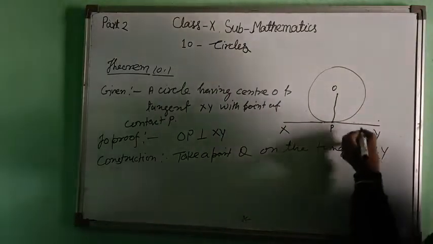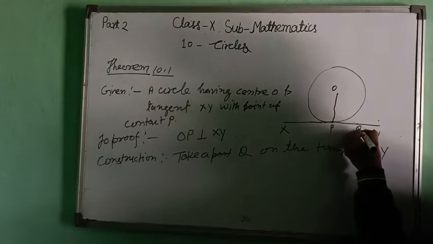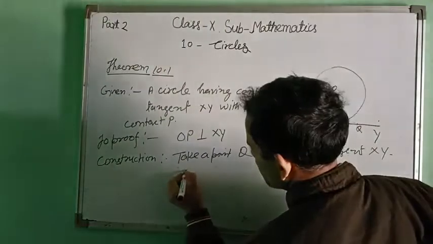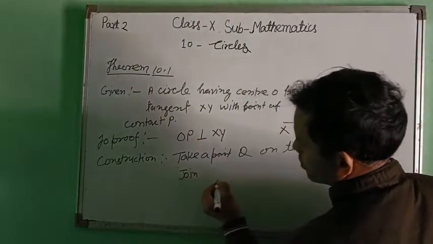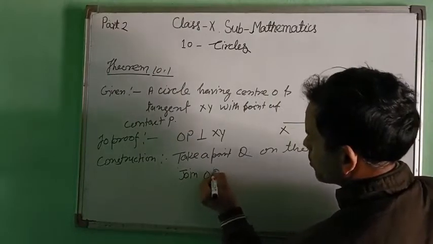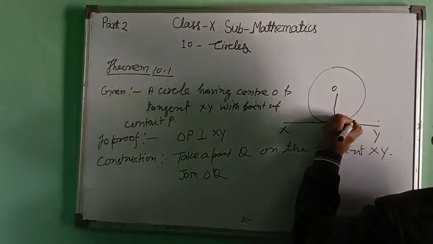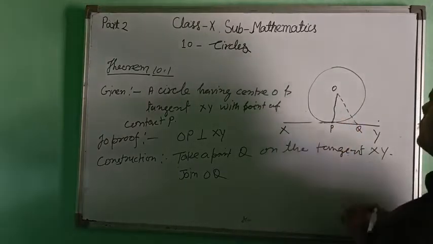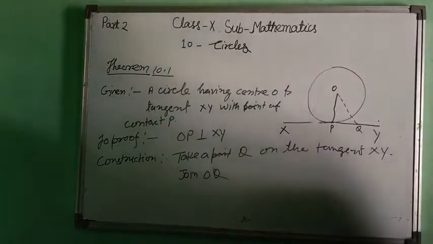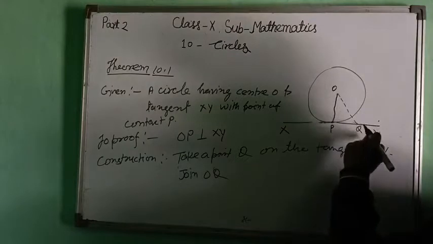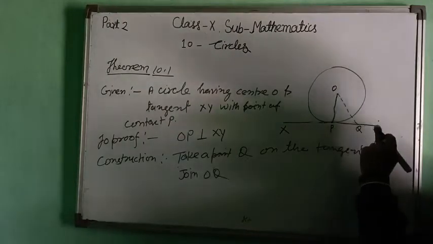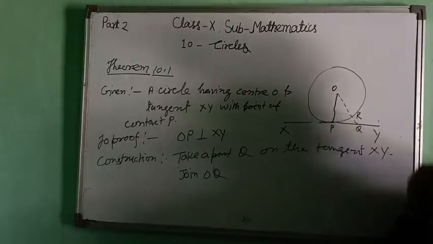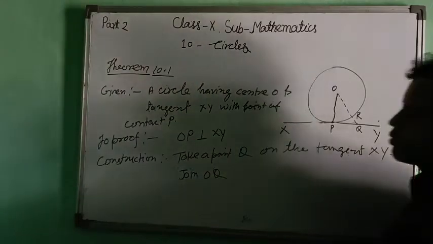Okay, so we take a point Q on the tangent and join OQ. Okay, so we try to join them. This OQ line, where it cuts the circle, suppose it will be point R. Okay, so I am going to prove.